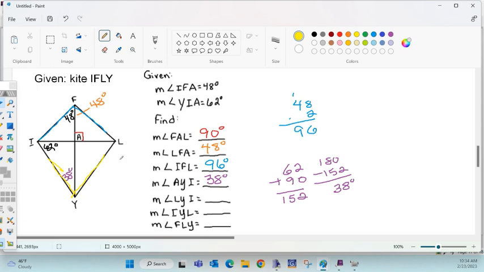No thinking? I don't know. Okay, so, yeah. 38 times 2. Because here's this and this one together, 38 times 2. Gives us how much? 76. So this one's 76 degrees.